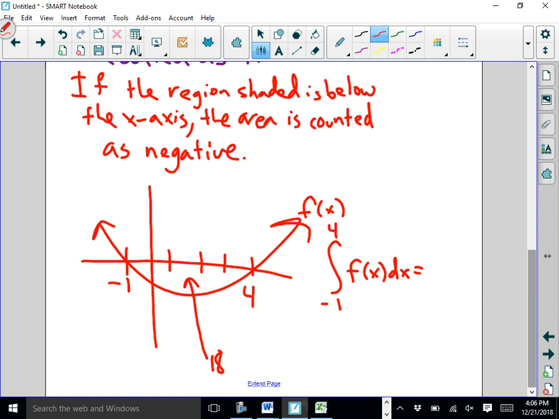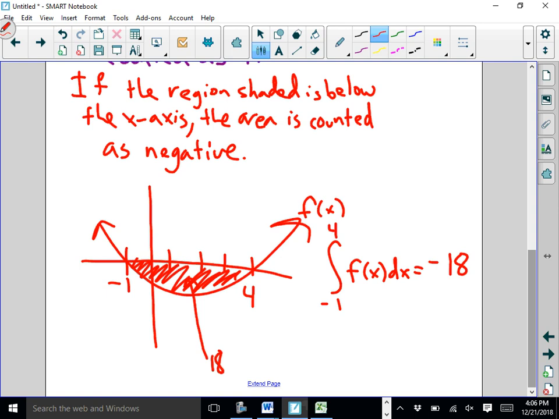So the integral always counts those regions, right? The integral would color in this region, but because that region is below the x-axis, the integral from -1 to 4 of f of x dx would equal -18. Okay? So it's important to keep in mind.